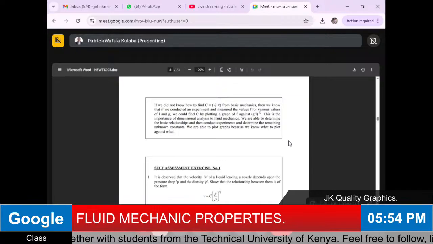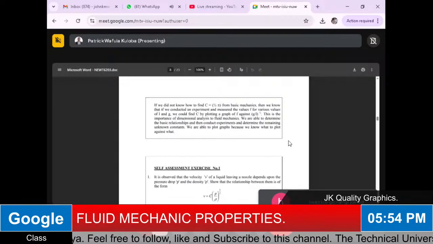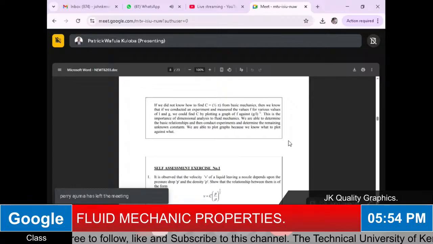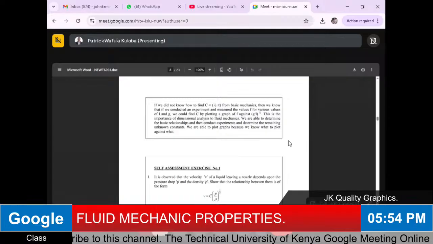We said any letter raised to 0 is equal to 1. So the equation becomes M raised to 0, L raised to 1, T raised to minus 1 is equal to C into brackets, all that.